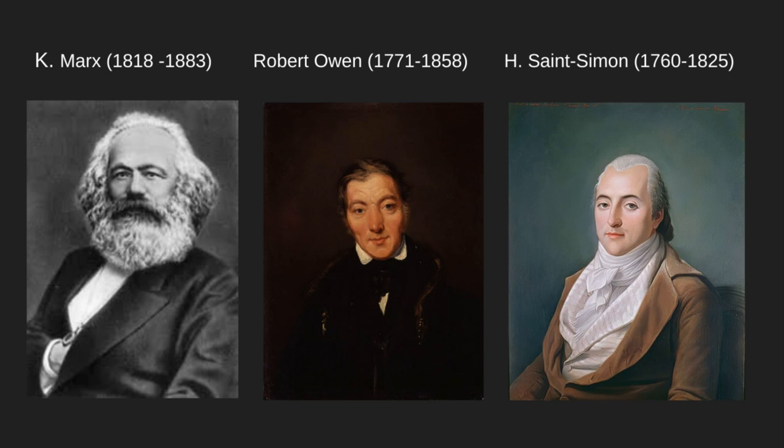Saint-Simon, for instance, Robert Owen. Obviously, Karl Marx. This idea that first really is introduced in Kant's essay Toward Eternal Peace, that conflict ultimately leads to progress, and this progressive notion that the world is moving towards a good place.